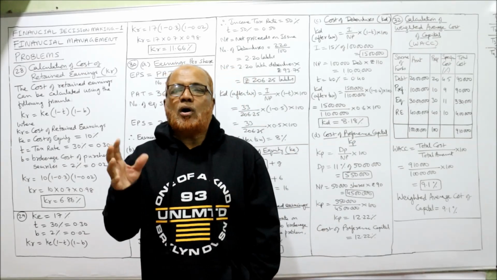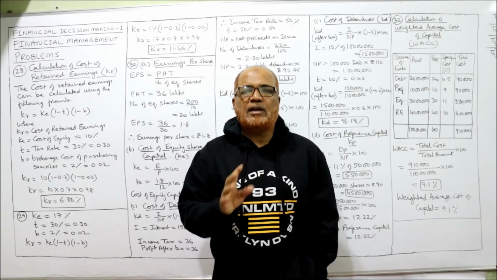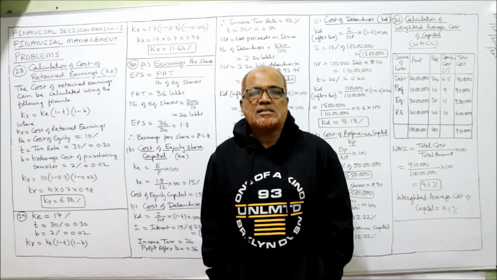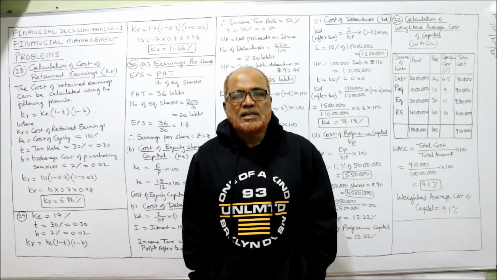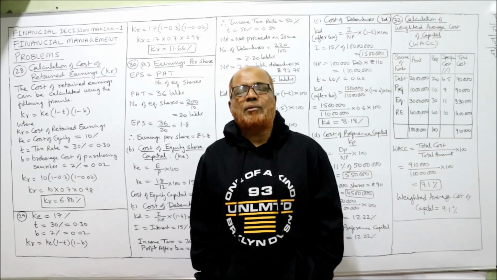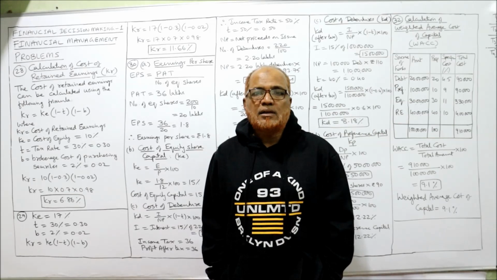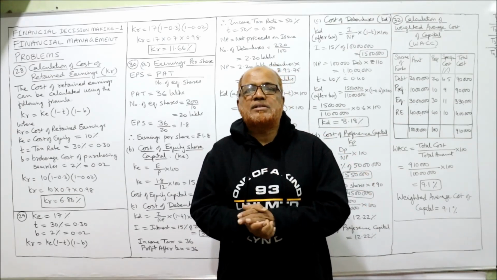See here, normally cost of retained earnings will be the same as cost of equity, but sometimes we have to consider the tax liability of the shareholders. When shareholders receive the income in the form of dividend, they have to pay tax. Now, without paying the tax, the amount is retained with the business.